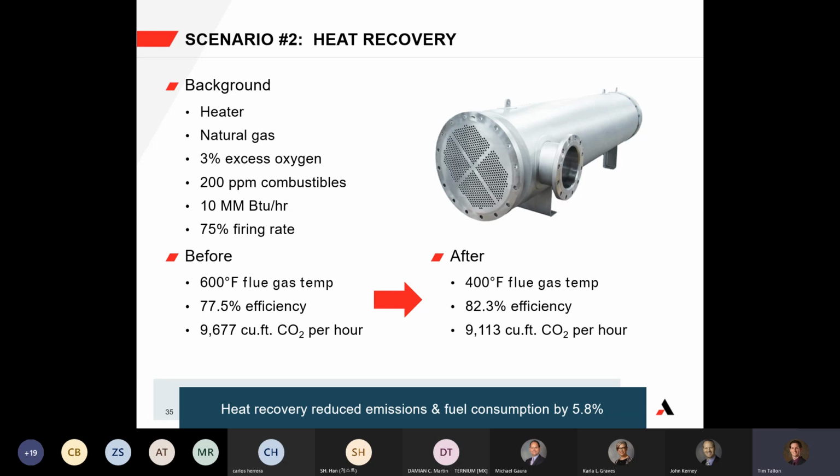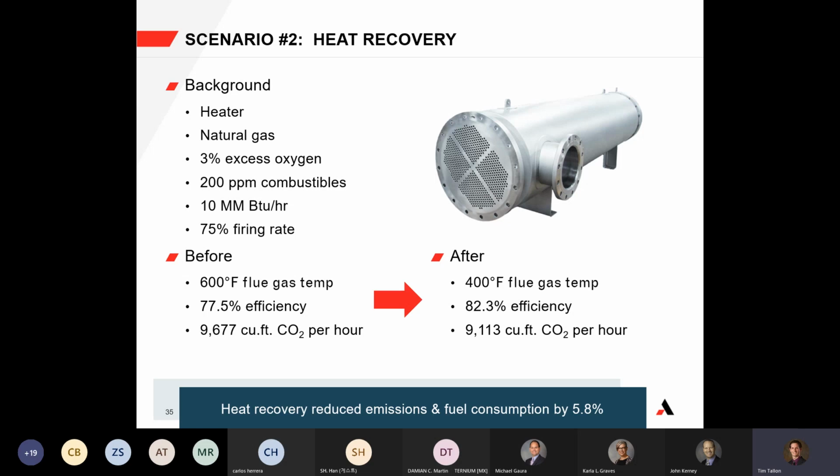Say you use that heat, and prior to venting to atmosphere, prior to the stack, you preheated some of the combustion air, reducing the flue gas temperature to about 400 degrees Fahrenheit and recycling it back into the burner to reduce the fuel consumption. Now you would increase your efficiency to about 82.3%.